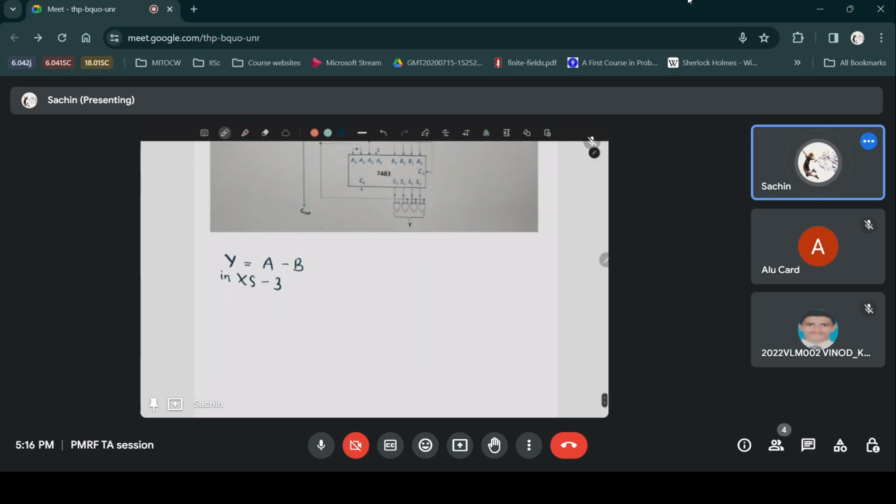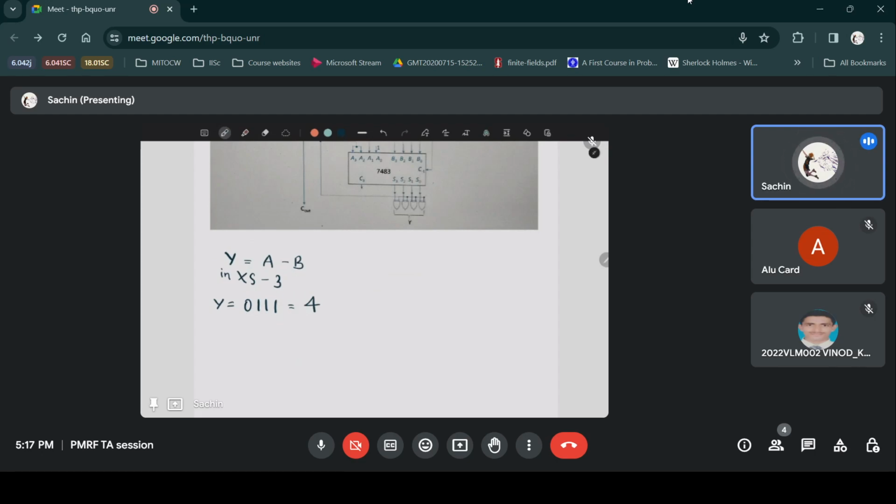So here they have given Y is equal to 0 1 1 1, which is 0 1 0 0 in binary, which is nothing but 4 in decimal. So this is actually 0 1 1 1, which is 7.